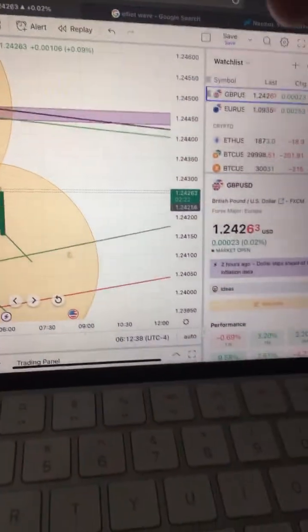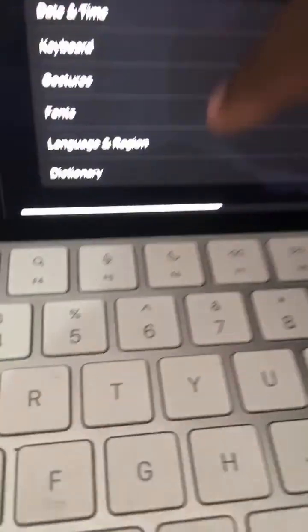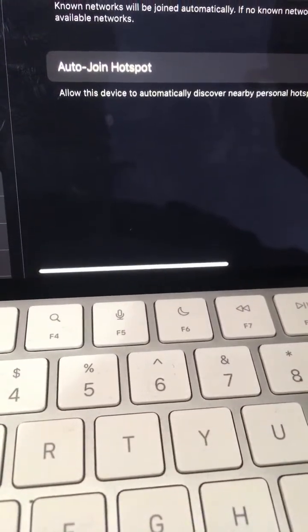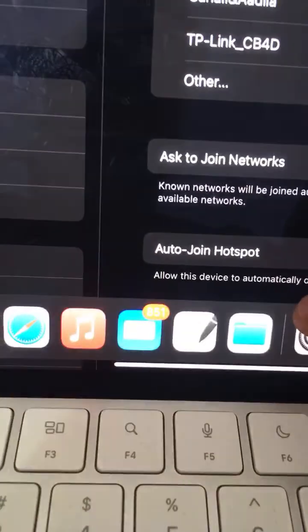While the chart is loading on my phone, let me do this. Settings.